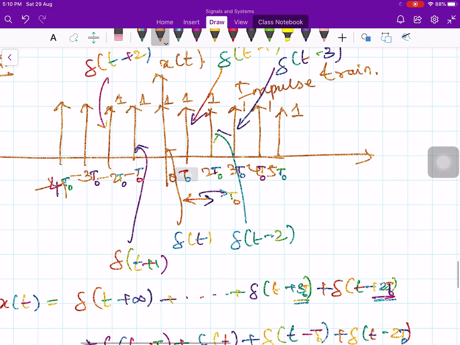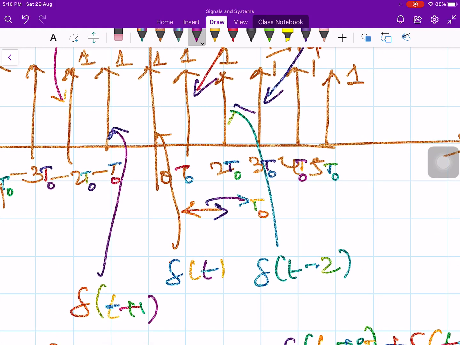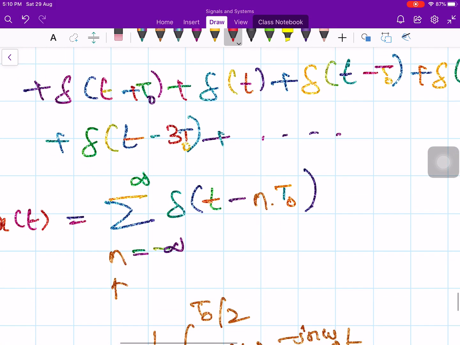Now if you expand this, you are taking the limit from minus t naught by 2 to plus t naught by 2. So in this interval who is sitting? Del of t is sitting. In that interval your x of t is del of t.